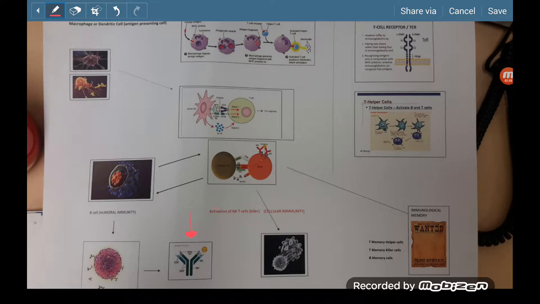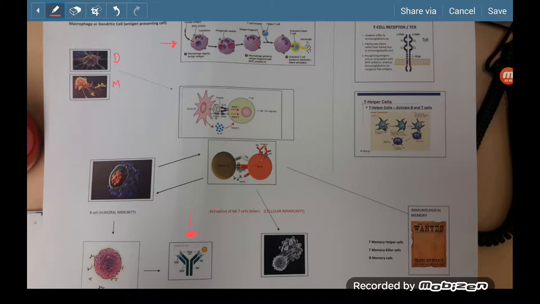And so how does this work? Well, all specific immunity starts with antigen presentation. And this will be by one of these two cells. This is a dendritic cell, and this is a macrophage. And the dendritic cell and macrophages are called antigen presenting cells, which means, and this is this diagram here, that they take a specific antigen, which, as I say, might be a specific sequence of amino acids on the surface of a pathogen.